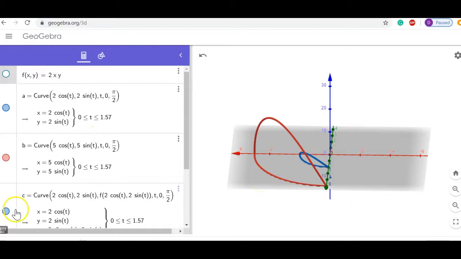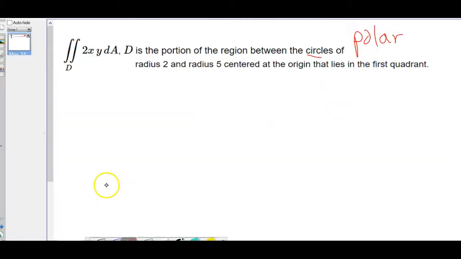Alright, now how do I do it mathematically? Well, I'm going to set up my integral in polar coordinates. So I'm going to get our function 2xy. Remember, x is r cosine theta and y is r sine theta.